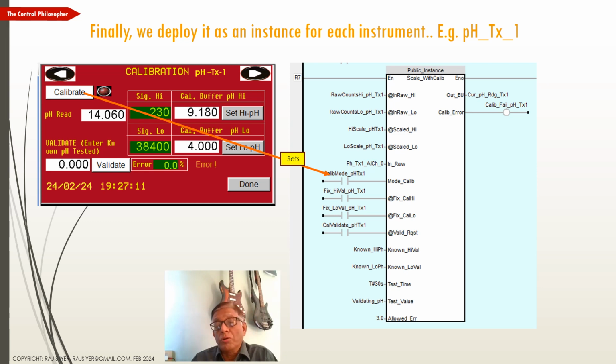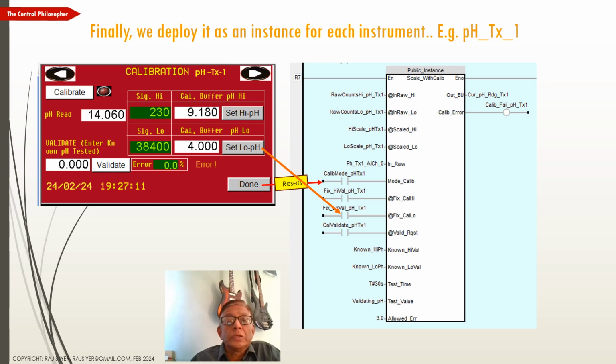Now that is the raw counts that are given by the analog signal corresponding to pH of 9.8. So we accept it for what it is, and then when we click the set high pH value, we say you save this as the high side parameters of the input and output scaling block. See, so this value of 230 counts goes into raw counts for the pH high value.